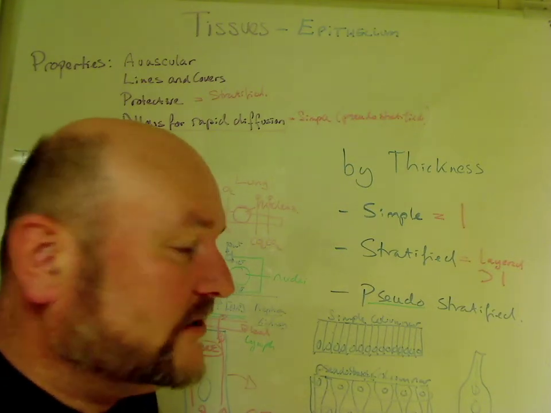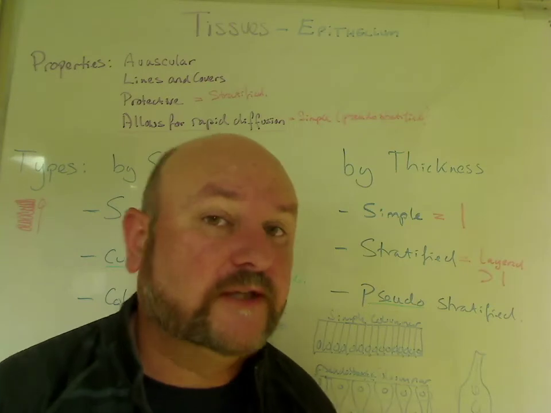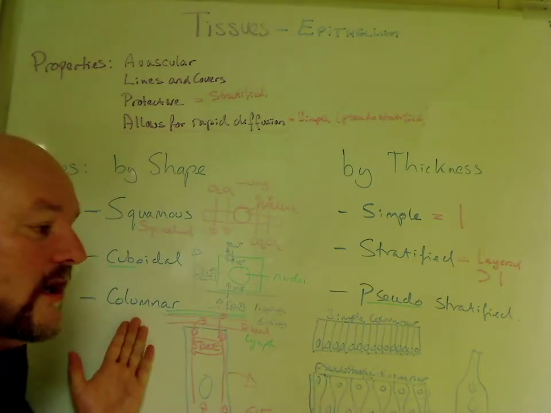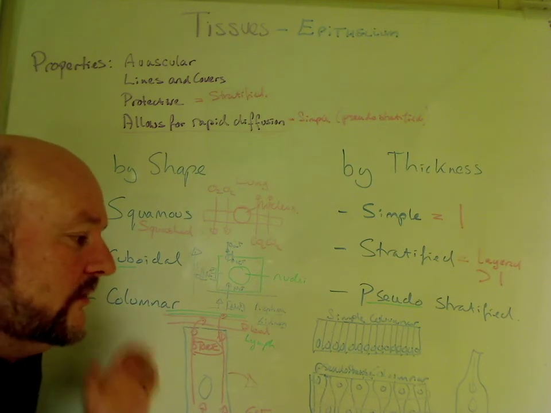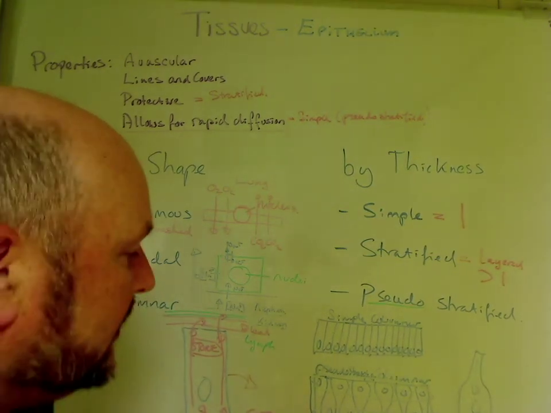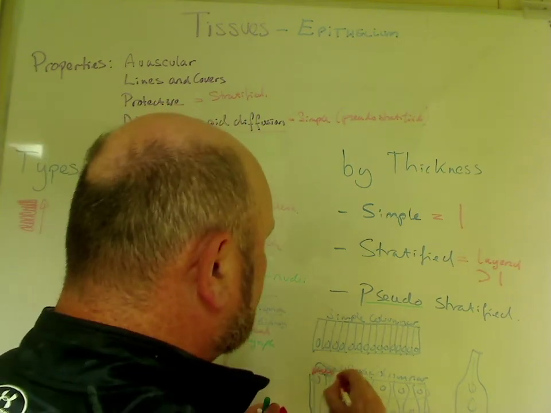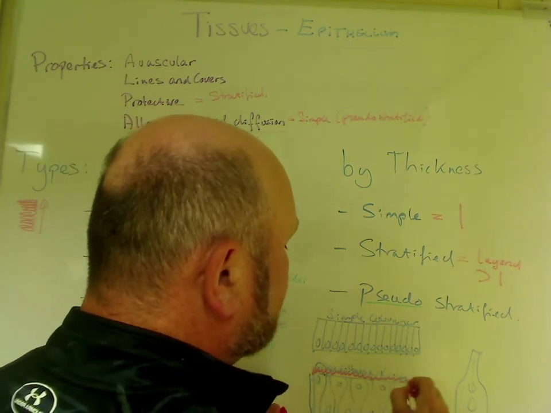For ease for us, the only pseudo-stratified layer that you will come across at this level is pseudo-stratified columnar epithelium. And in general, they are all ciliated. So they have a little fuzzy border at the top.